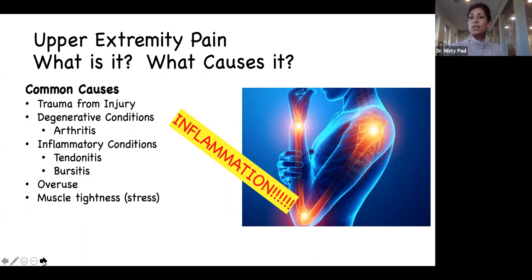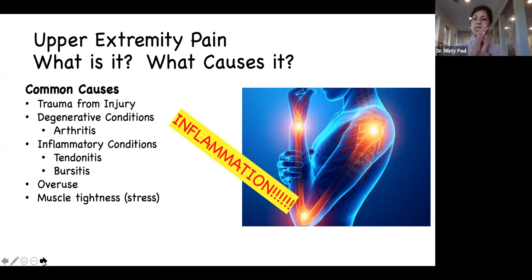It's also different types of arthritic conditions. Degeneration not only occurs in our spine, but it can also occur in our shoulders and elbows and wrists and hands. And of course, it's this degeneration that causes inflammation, and that may be giving you some problems. Many times it's overuse, and that overuse can cause tendinitis and bursitis.